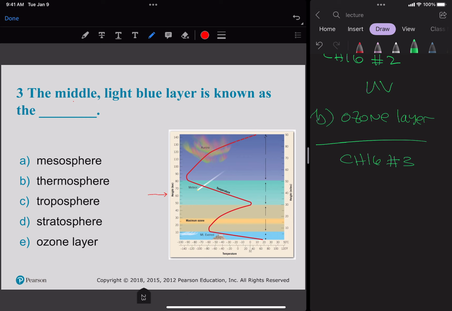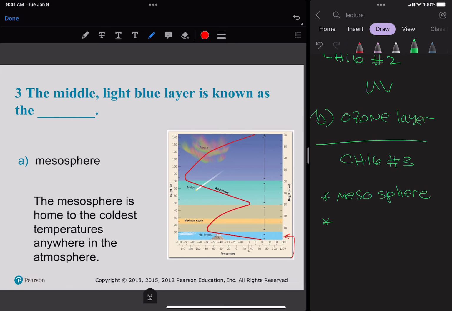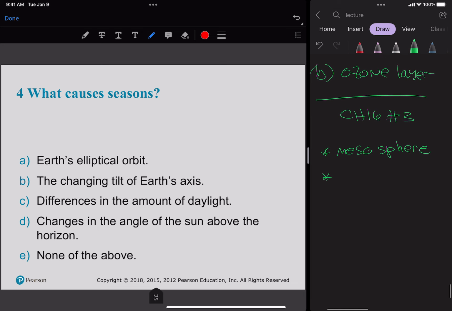The middle layer, middle meso, so this is the mesosphere. But you should also know these other spheres, like for example the lower layer here. So you should know the names of these layers.